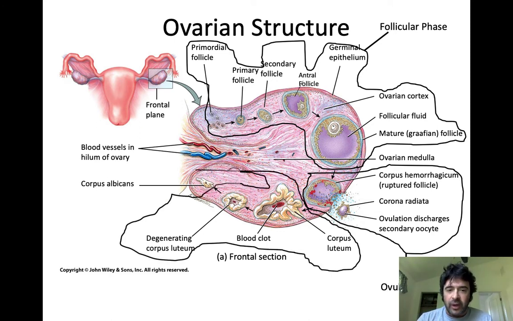So this phase of the ovarian cycle is referred to as the luteal phase, where you have this yellow body or corpus luteum cranking out progesterone. If no implantation occurs, meaning no reproductive event occurs, eventually the corpus luteum degenerates to form a chunk of scar tissue called the corpus albicans.